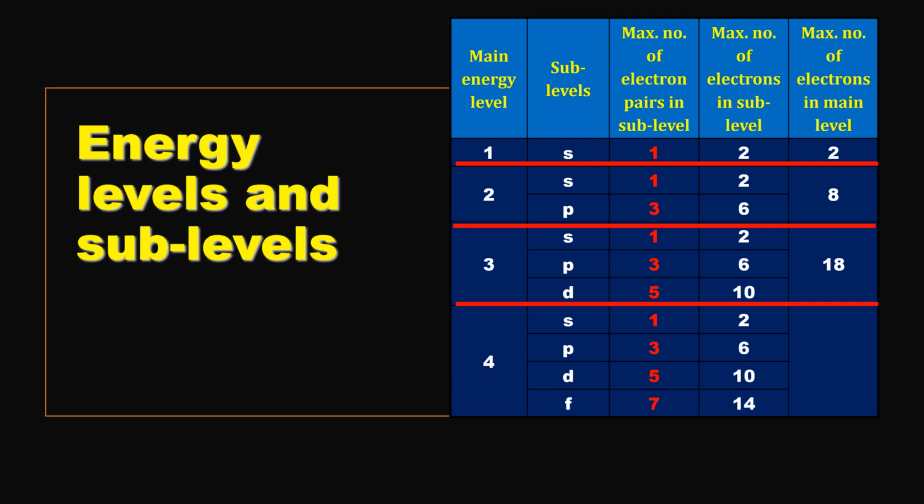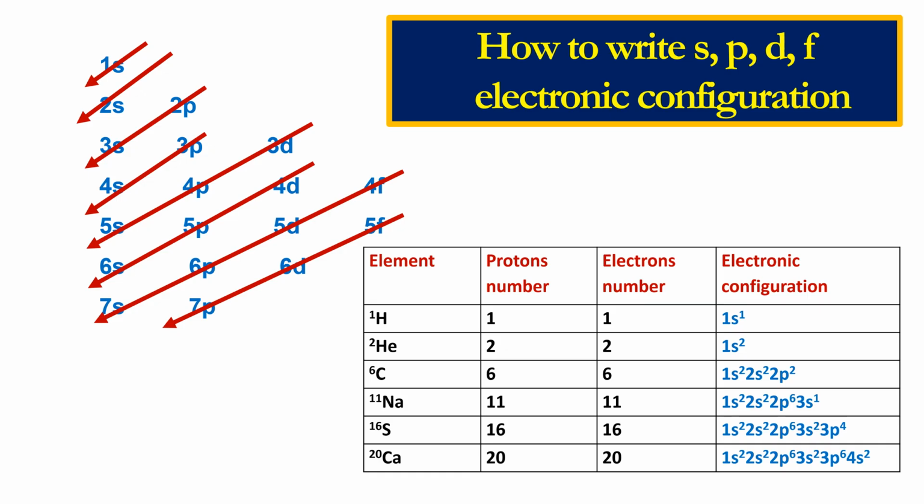Right, let's learn how to write SPDF electronic configuration for different elements. If you're asked to write the SPDF electronic configuration of any element, you simply follow the direction of these red arrows.